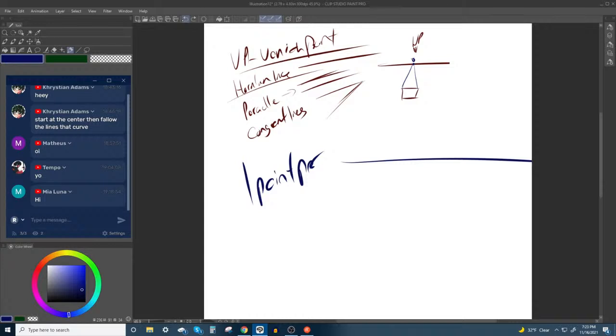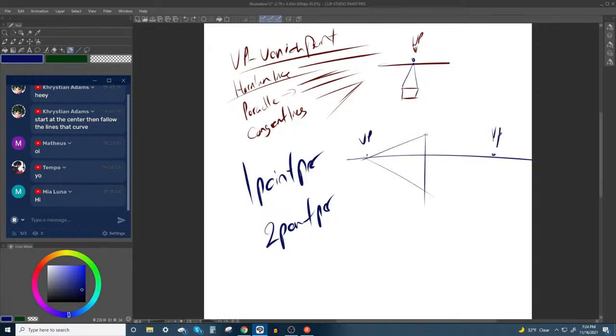So if I were to make a horizon line right now, and I had two points, VP, and I put a line in the middle, and I wanted the line to be here and here, make a line here, make sure the other line starts from here, make the other line here, cut off the ends here, and then we have ourselves a square going two points because we're seeing two planes.